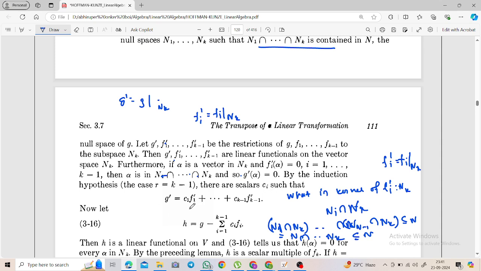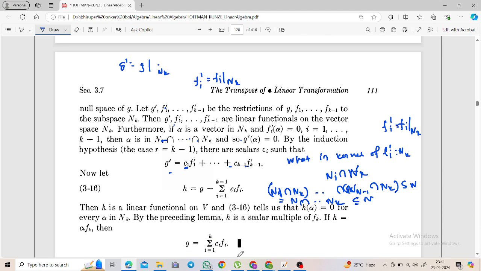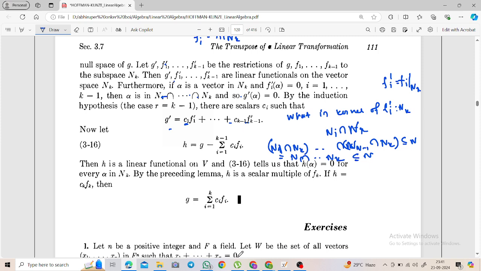So by the induction hypothesis, we can write this. Now they are writing h as g minus this, using these scalars. They are writing h as g minus the summation. Then h is a linear functional on V, and 3.16 tells us that h alpha is 0.